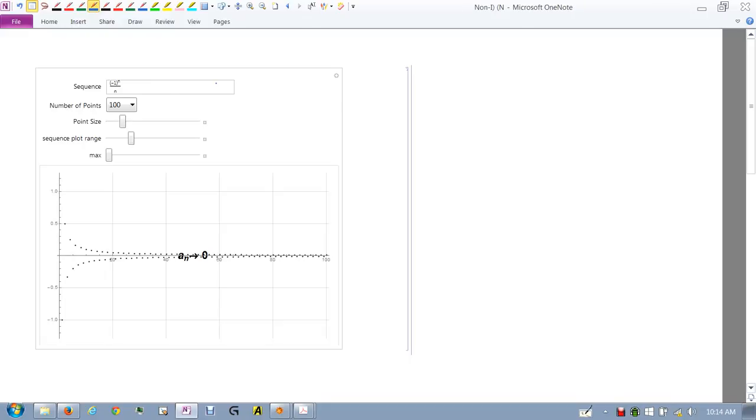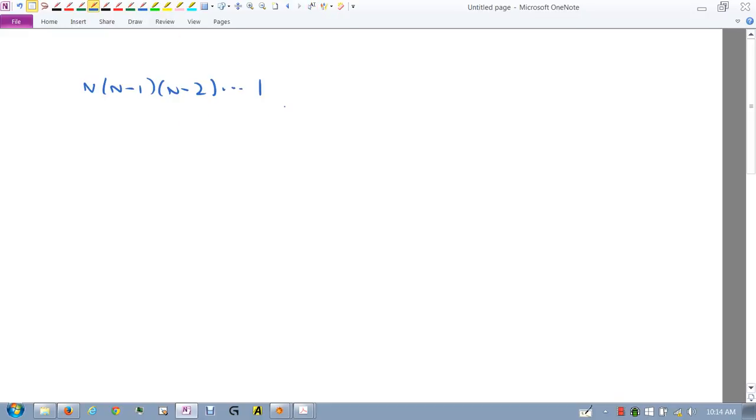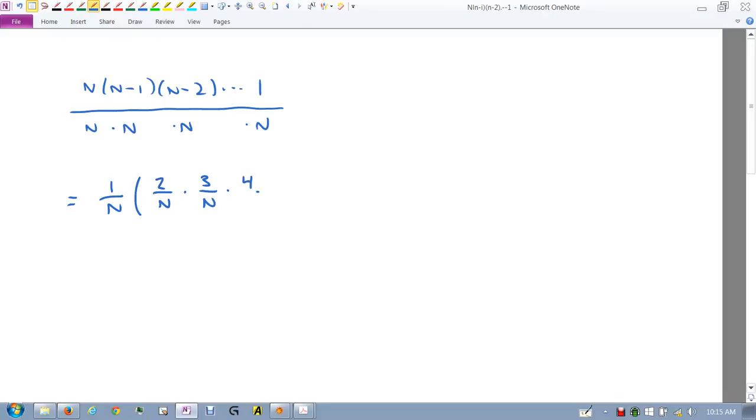Okay, so we're taking, what was it, n times n minus 1 times n minus 2 all the way down to 1 over n, all the way down to n, and rearrange it, right? So what about this? 1 over n, and then 2 over n, times 3 over n, times 4 over n, all the way out to n over n, right?